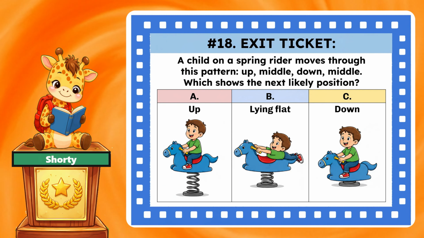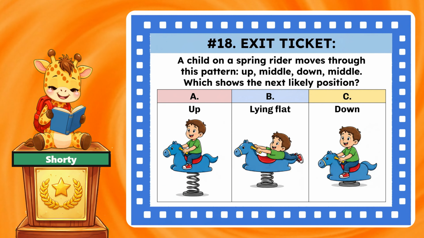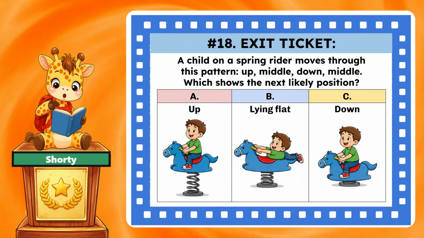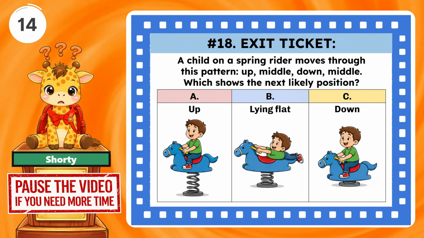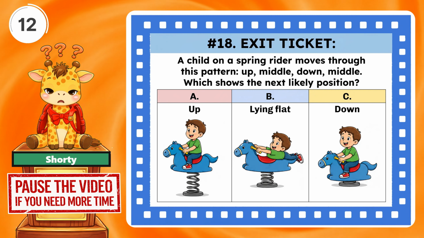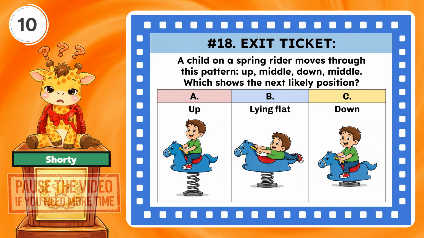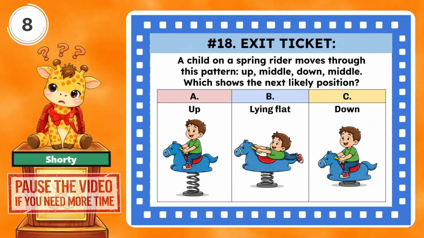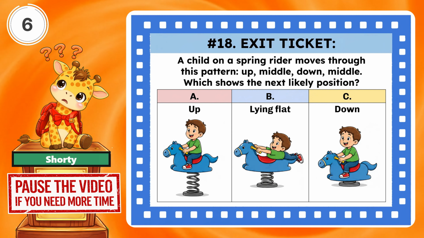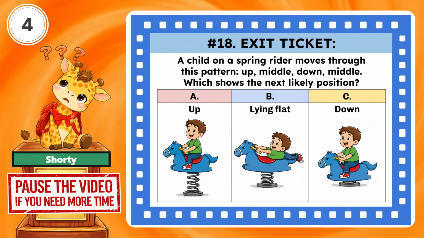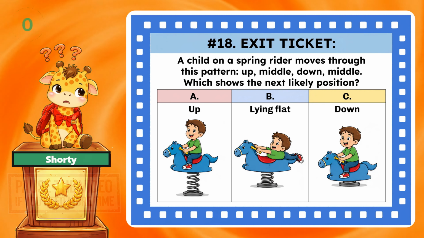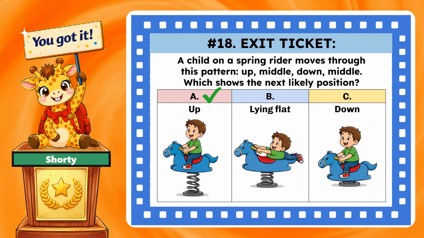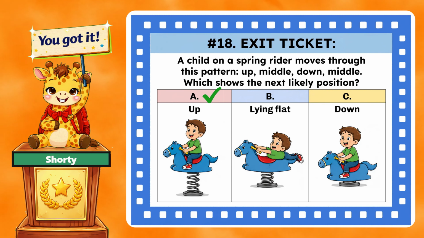A child on a spring rider moves through this pattern: up, middle, down, middle. Which shows the next likely position? And the correct answer is letter A, up.